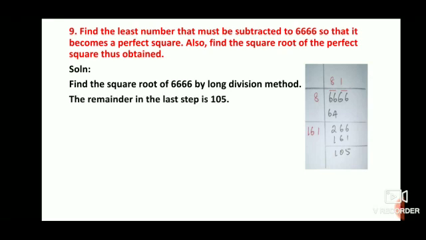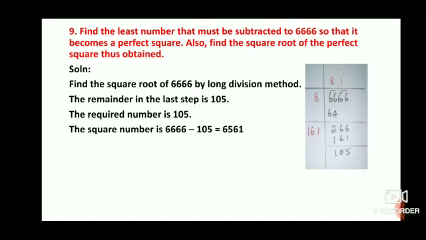So, the remainder in the last step is 105. This number is required, 105. So, the square number is 6666 subtract 105. So subtract them.